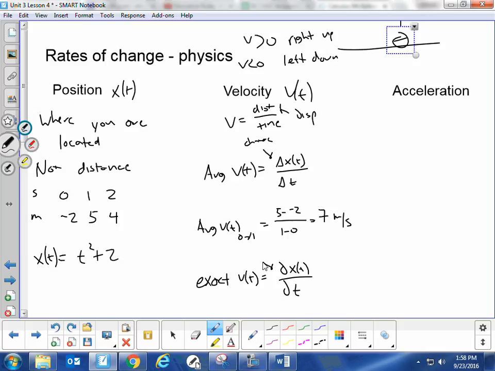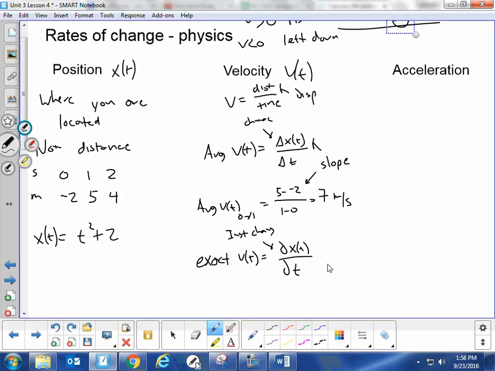This d stands for an instantaneous change. And yes, this is just slope. Well, this instantaneous change is tangent slope. Secant slope for average velocity becomes tangent slope.